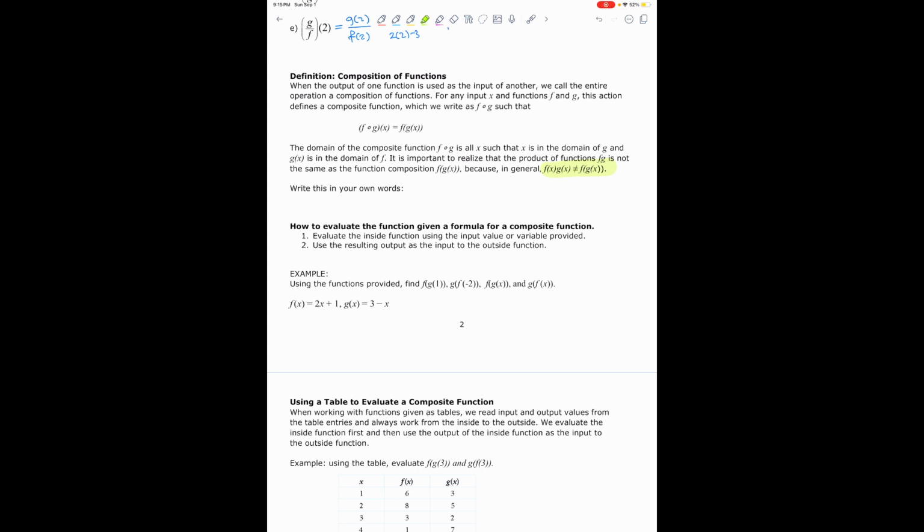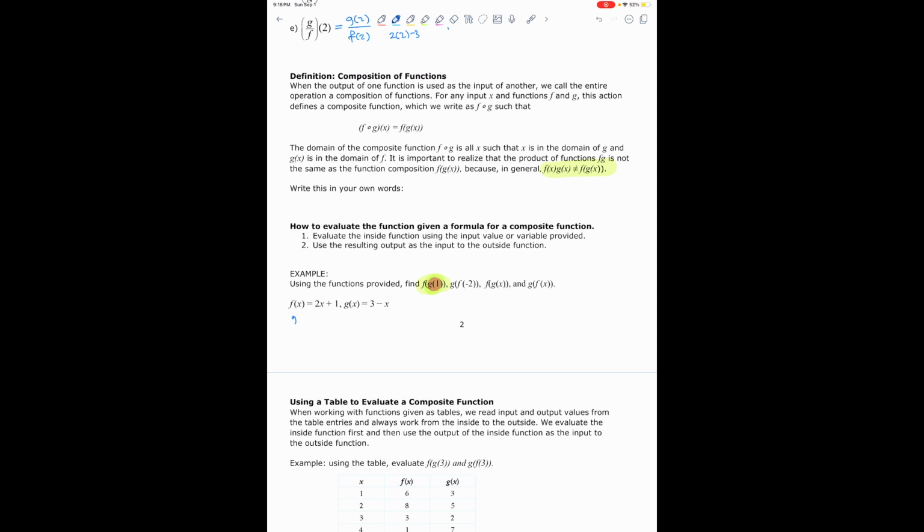How do we evaluate a function given a formula for a composition function? First, we evaluate the inside function using the input value or variable provided. Then we use the resulting output as the input of the outside function. Mainly, we evaluate from the inside out. So, for example, if you want to evaluate f of g of 1, we have to find g of 1 first, and then use the answer as an input for the function f.